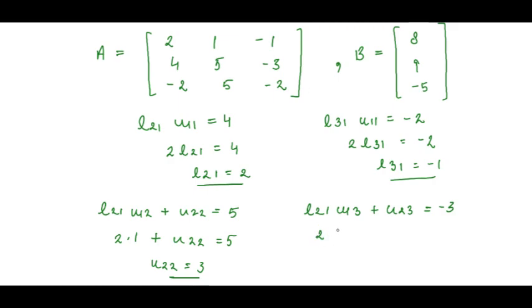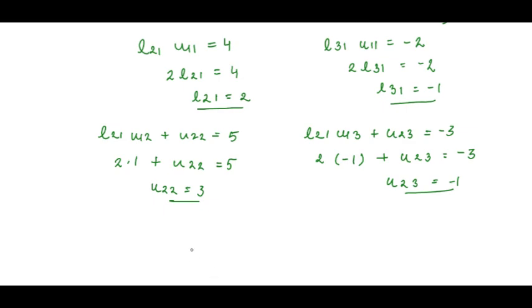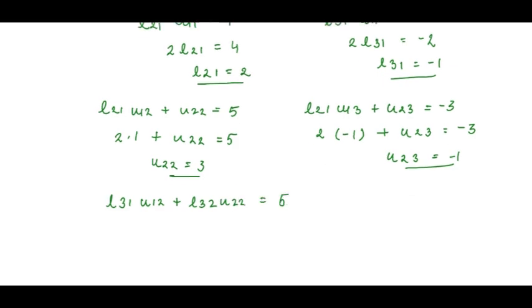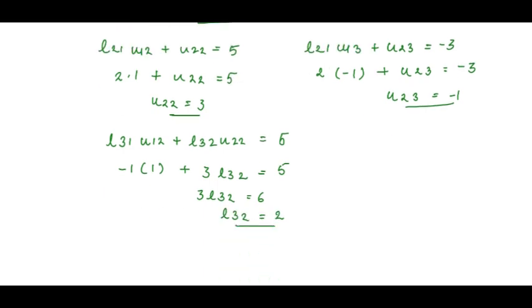Substituting, 2 into minus 1 plus U23 equals minus 3, and we get U23 equals minus 1. Now comparing the second column of L, we get L31 U12 plus L32 U22 equals 5. On substituting, minus 1 into 1 plus 3 times L32 equals 5. So 3 L32 equals 6 and L32 becomes 2.